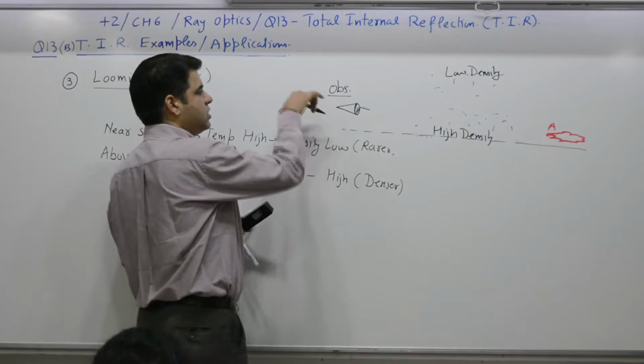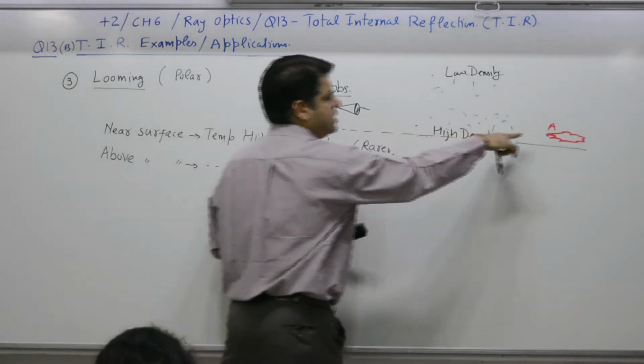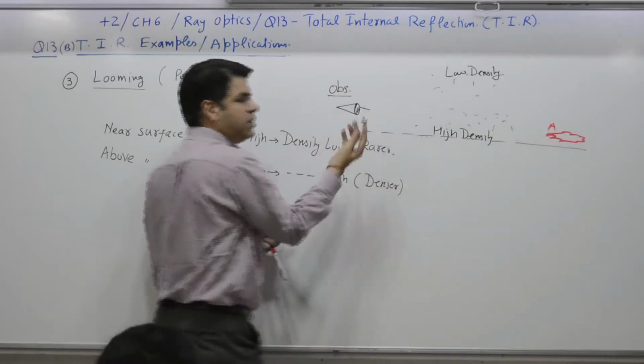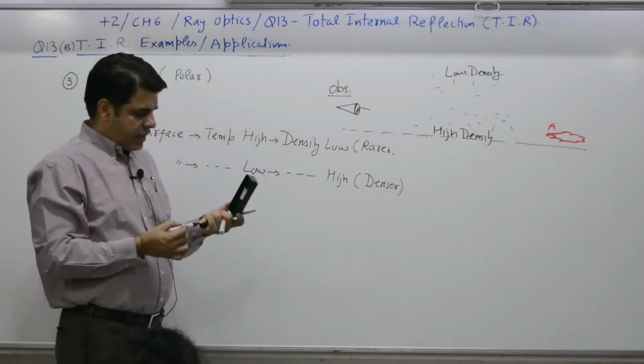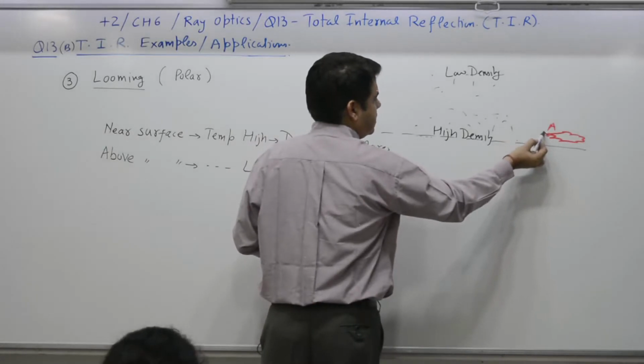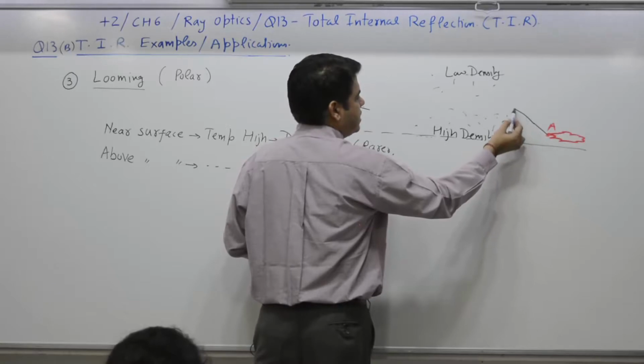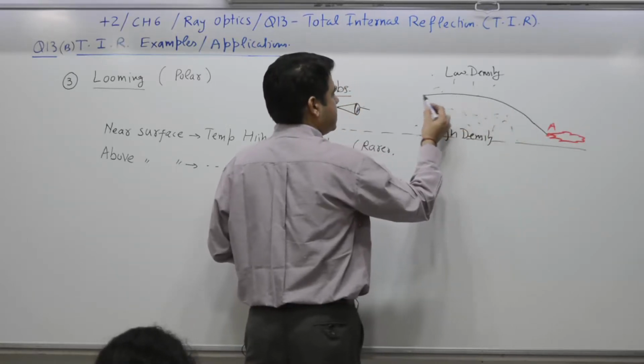So suppose there is an aeroplane landing. The pilot will observe this aeroplane directly because it is parked there. At the same time, a ray from A starts. It is moving from high density to low density, and TIR takes place.